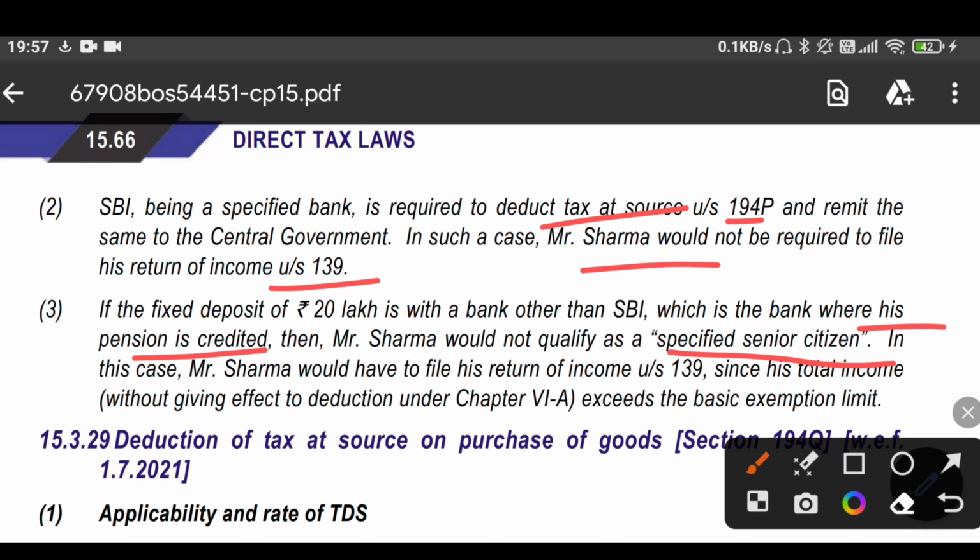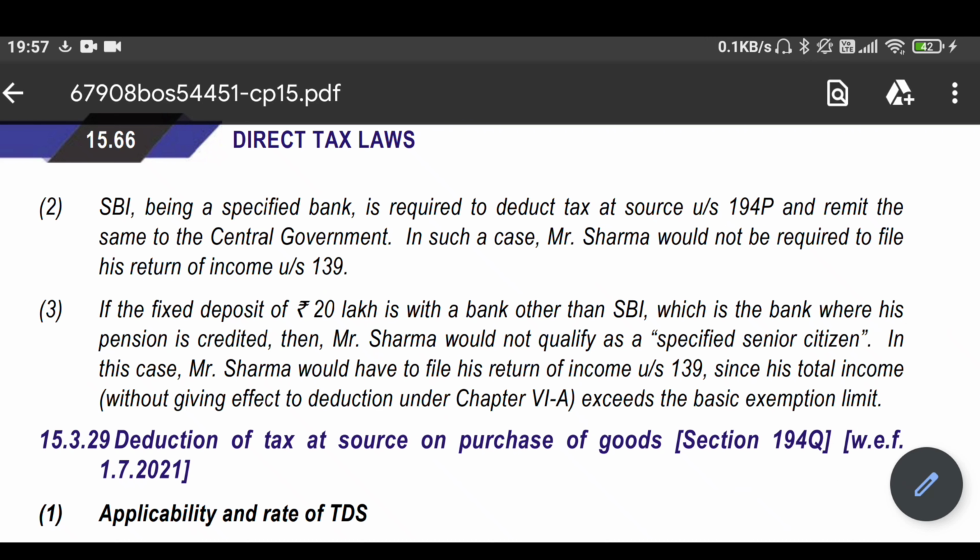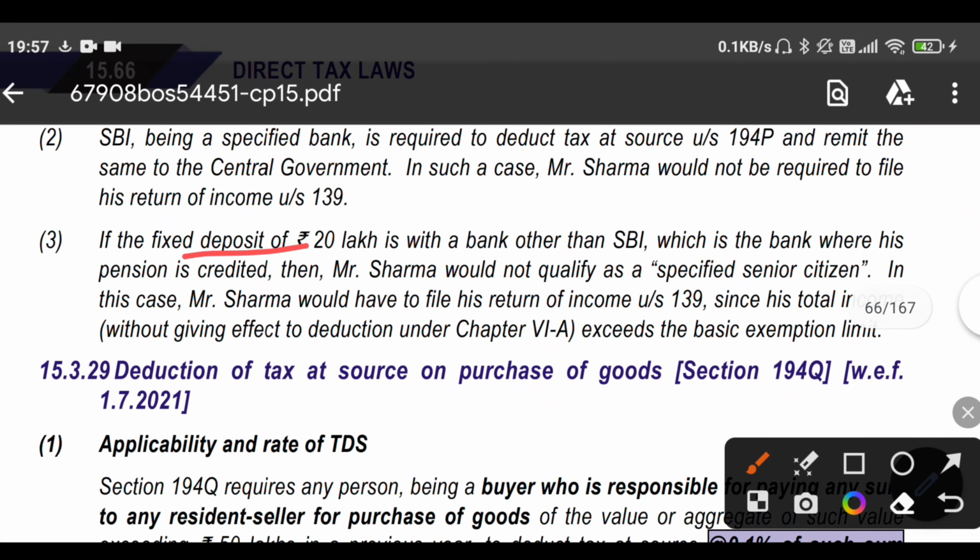So in that case 194A will be applicable, and the limit is 50,000, and in this case 20 lakh into 8% is 1,60,000, which is more than 50,000. So TDS will be applicable at the rate of 10%. So 16,000 will be deducted as TDS in this case, because the FD is with a bank other than SBI.